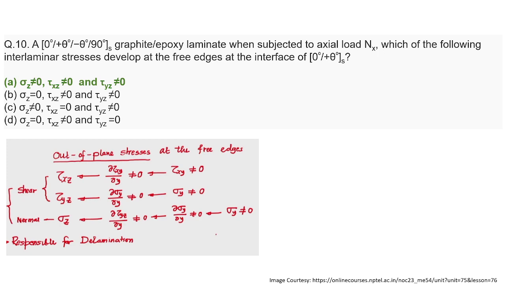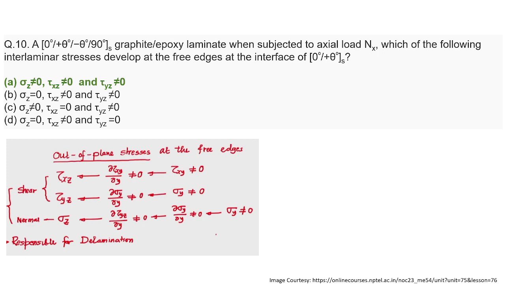And the next question is, 0 degree plus minus theta degree and 90 degree symmetric graphite epoxy laminate when subjected to axial load Nx. Which of the following interlaminar stresses develop at the free edge at the interface of 0 degree and plus theta symmetry? Now this is a mixture of 0, 90 and angles.